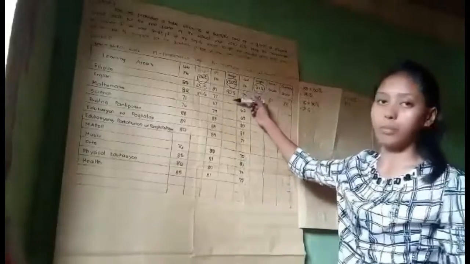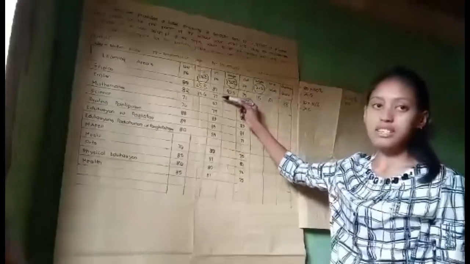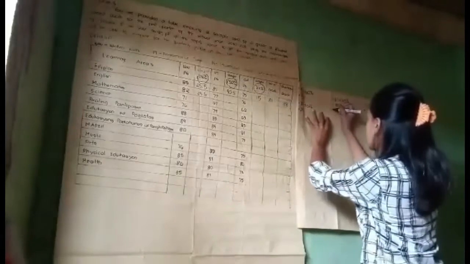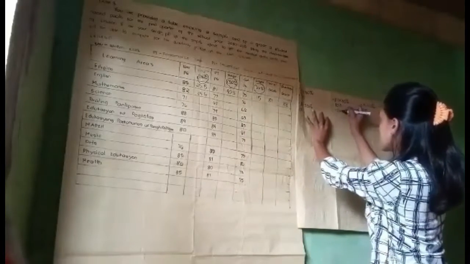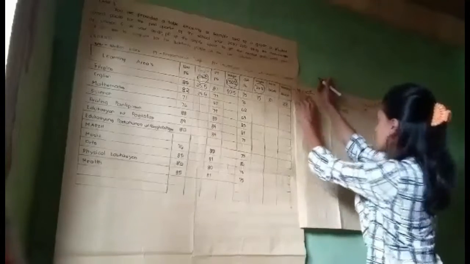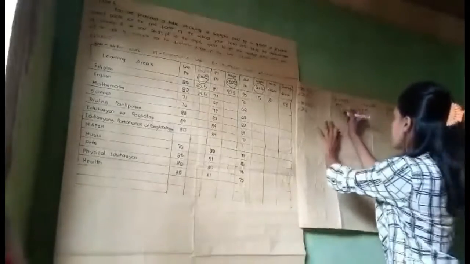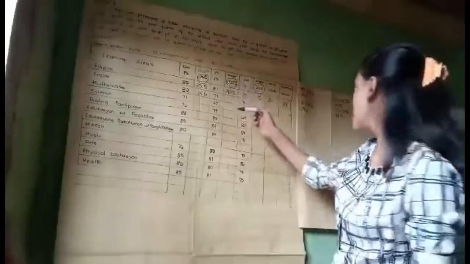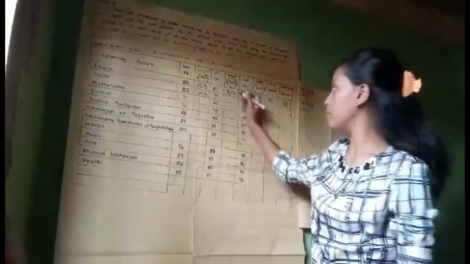Next is the weight of performance task: 77 times 50% is equal to 38.5. So our weight of the performance task is 38.5.